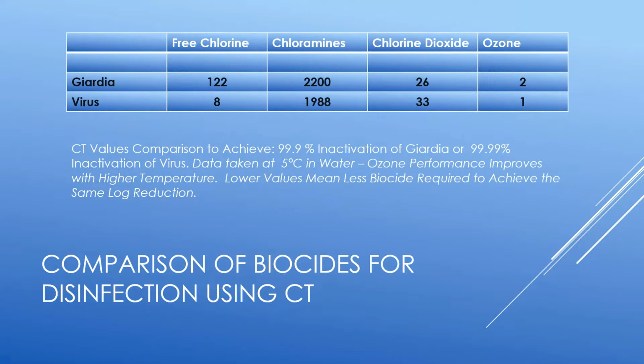As you can see from the chart, ozone has the lowest CT values, which means you need the least amount of biocide or the least amount of exposure time to achieve the 99.9% and 99.99% reductions. So ozone can often be a good choice for disinfection.